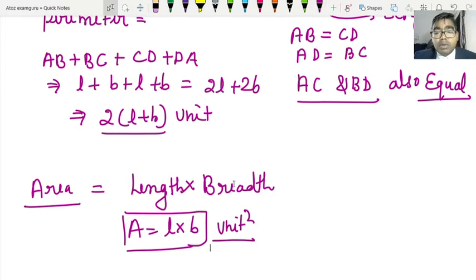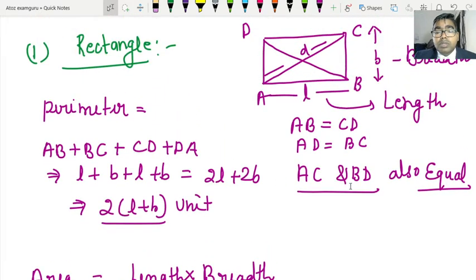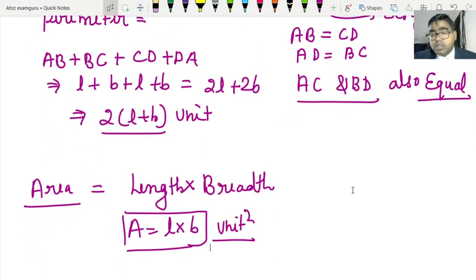And how can you calculate the diagonal if it is needed? The diagonal forms a right angle triangle, and in a right angle triangle you can simply apply the Pythagoras theorem, right friends?